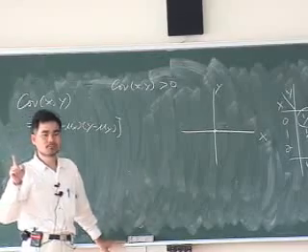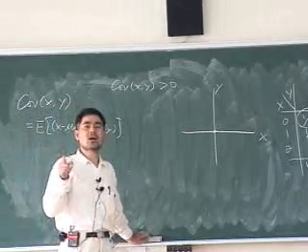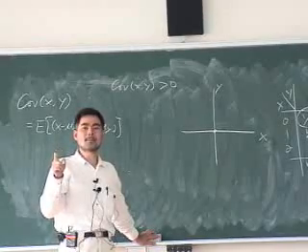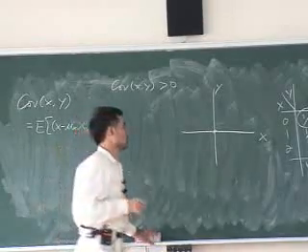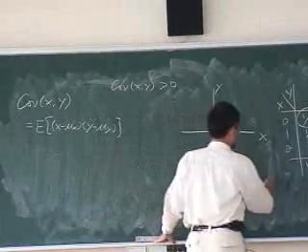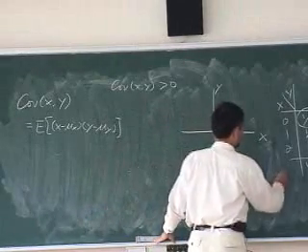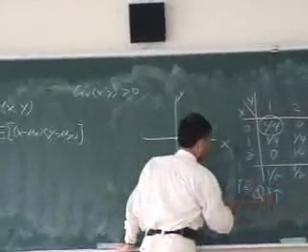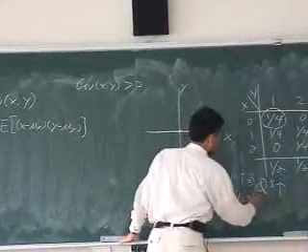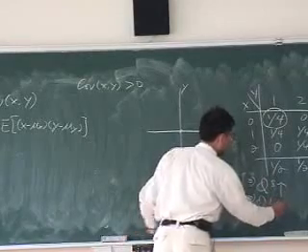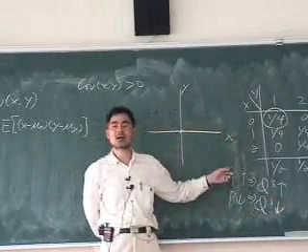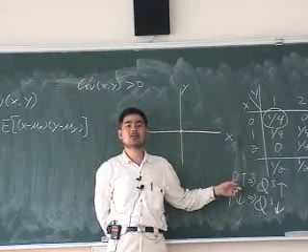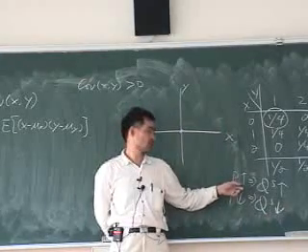For example, if price goes up, what about quantity supplied? Quantity supplied will go up. So let me put this down: if price goes up, then quantity supplied will go up. If price goes down, quantity supplied will go down. Because when price goes up, the company can earn more, they can make more money, so they are going to supply more.